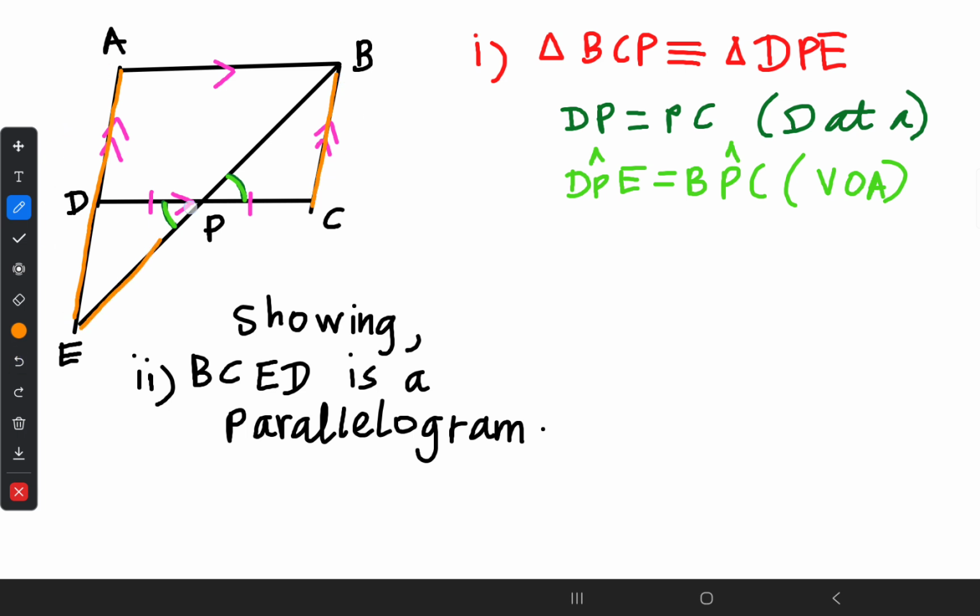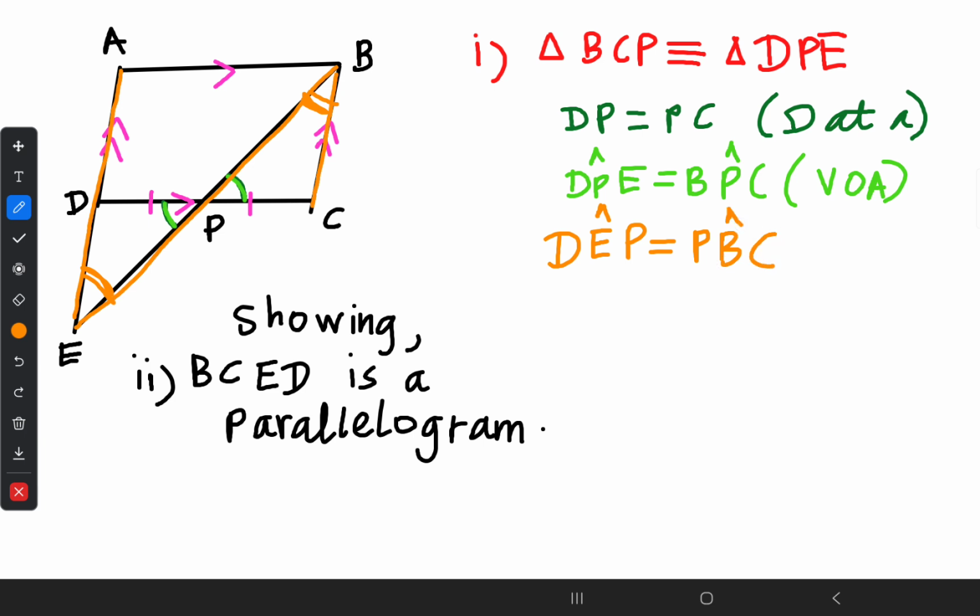Now think about it. Here we have a capital Z kind of shape. So it will give you this angle equals to this angle. What are these two angles? These are our alternate angles. In these two triangles in concern, we have another pair of equal angles. I will write them: angle DEP equals angle PBC.